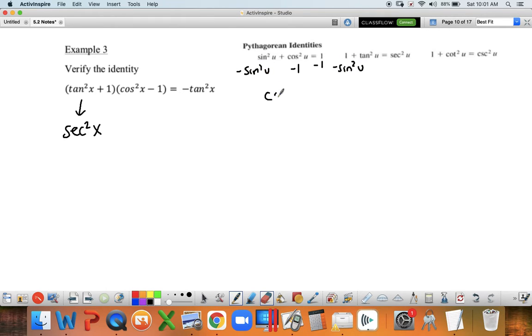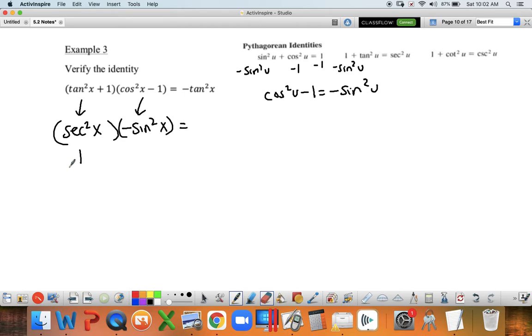So I get cosine squared minus 1 is equal to negative sine squared. So I'm going to go ahead and replace this one here with negative sine squared x. And I'm trying to prove that that's equal, right, to negative tan squared x. But we've already pared it down a little bit, so that's looking pretty good to me.